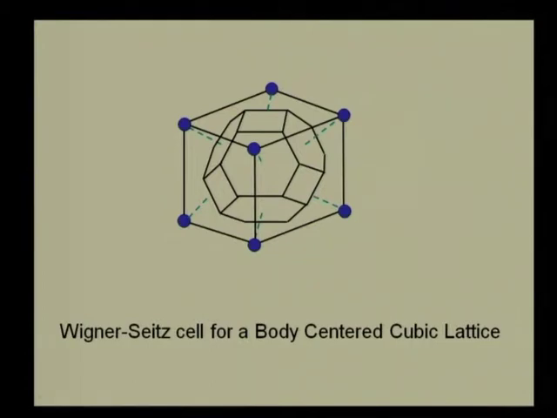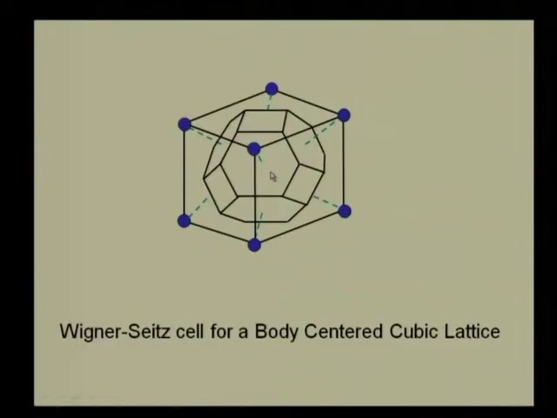So, now given this body centered cubic lattice, the process of identifying a Wigner-Seitz cell is really straightforward. The definition that we used, we simply extend it to 3 dimensions. So, we take the central atom which is not being shown here and we connect it to all its neighbors.